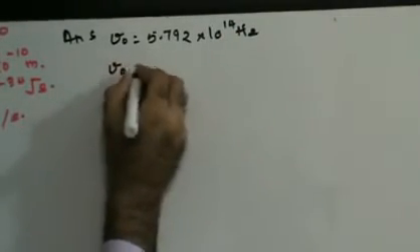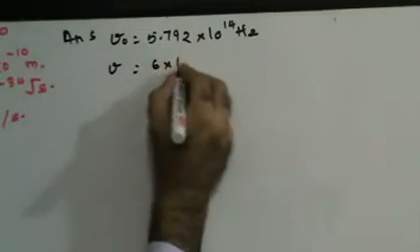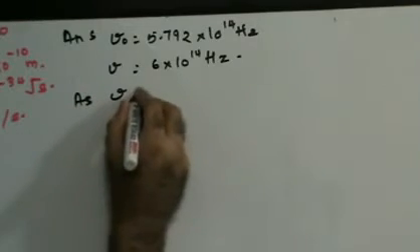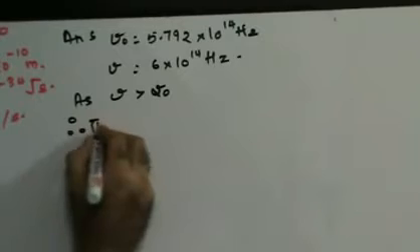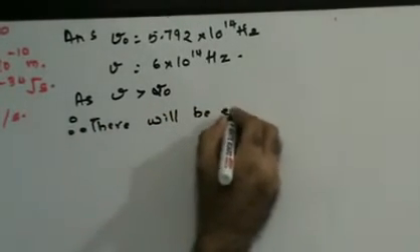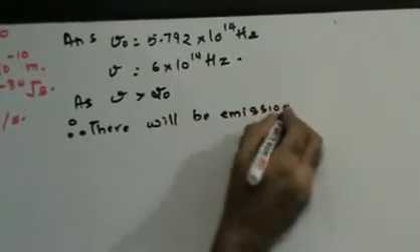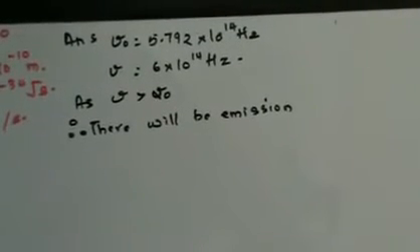You will get incident frequency as 6 into 10 raised to 14 Hertz. As incident frequency is greater than threshold frequency, therefore there will be emission. That's how you find out whether there will be emission from a photosensitive metal. Fine, do we get this? Take down next one, please.